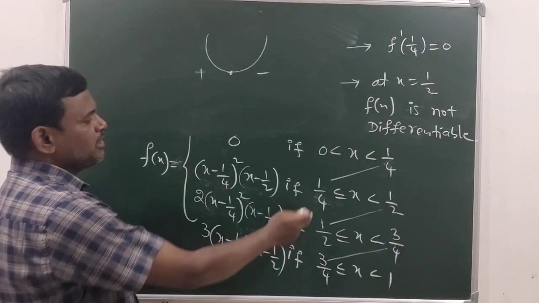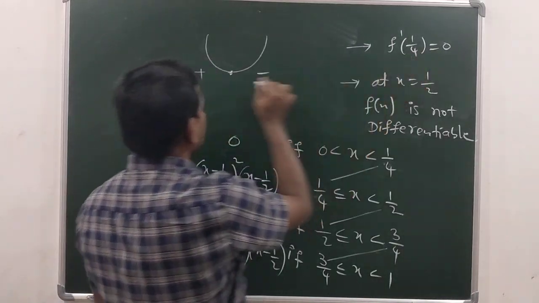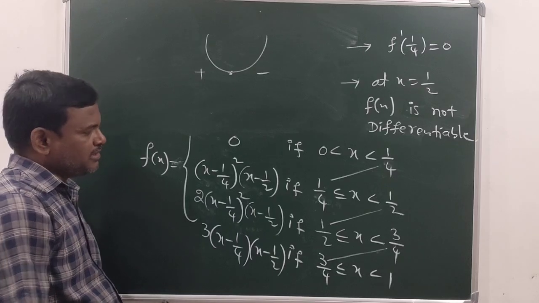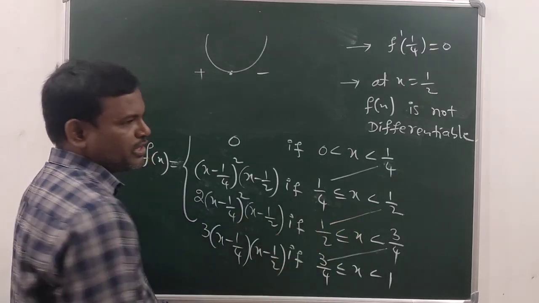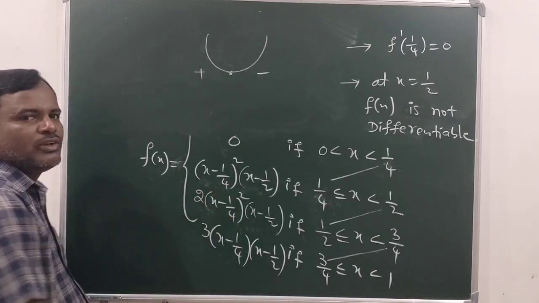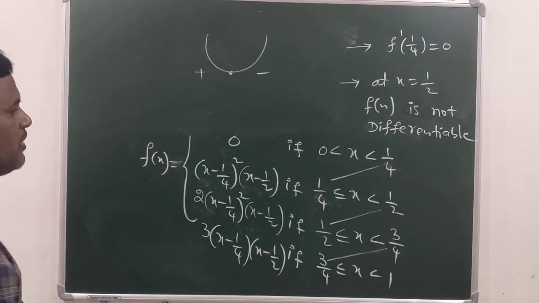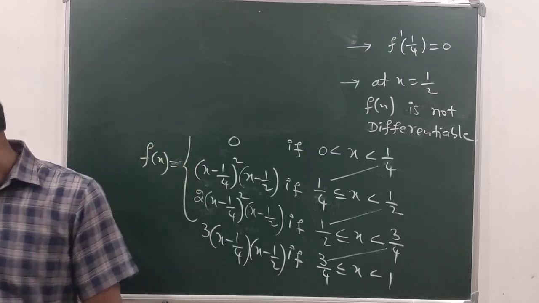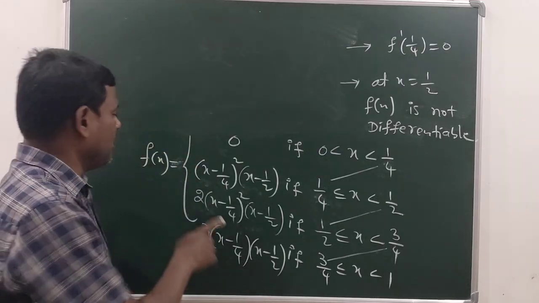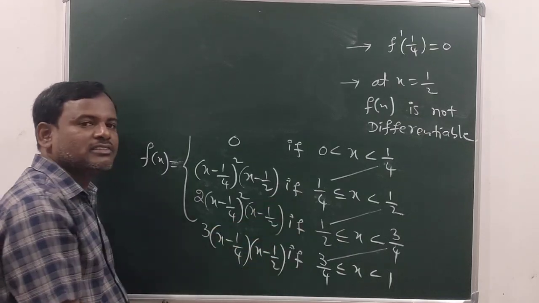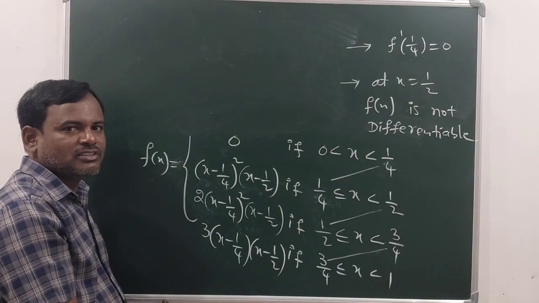So here at x equal to 1 by 4 you got 0, here it is 0. And at x equal to 1 by 2 find its derivative, since they mentioned the minimum value. You know how to find the minimum value of the function. So take this function, and you may get that minimum value in any one of these 3 intervals.